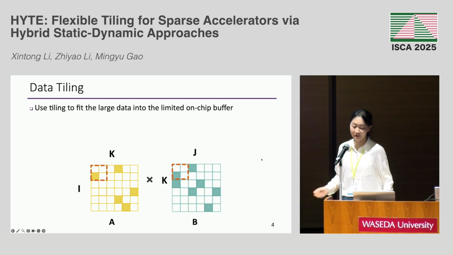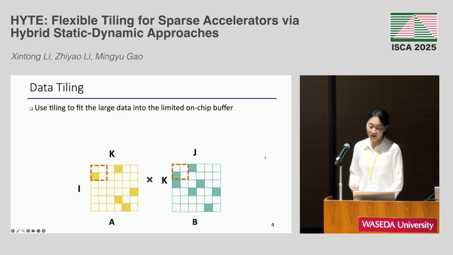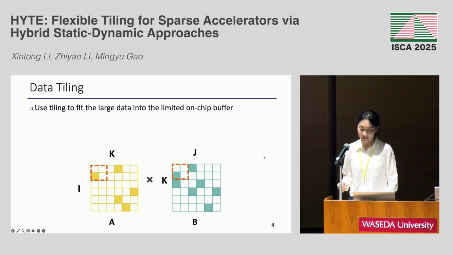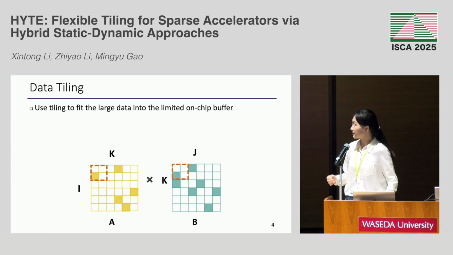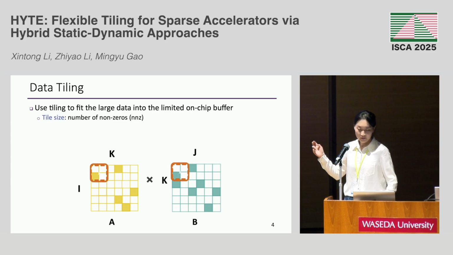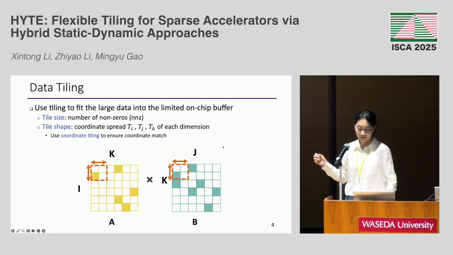Another key concept in our title is tiling. We all know tiling lets parts of the data feed into the limited on-chip buffer, improving reuse and alleviating memory bottlenecks. A tiling strategy is defined by the number of non-zeros per tile, the tile size, and the shape of the tile in each dimension, the tile shape.